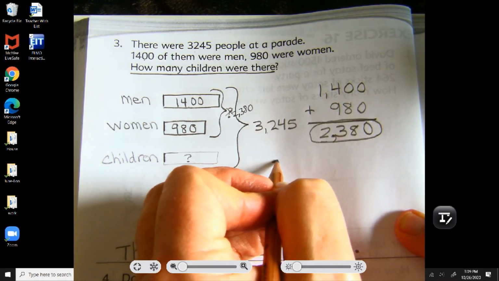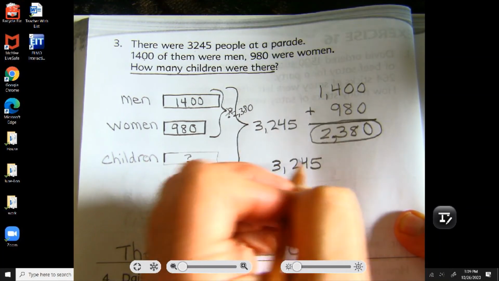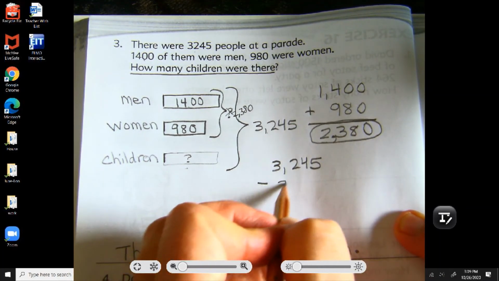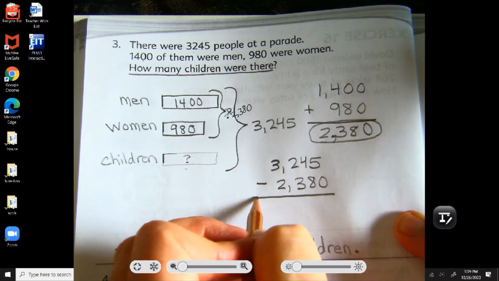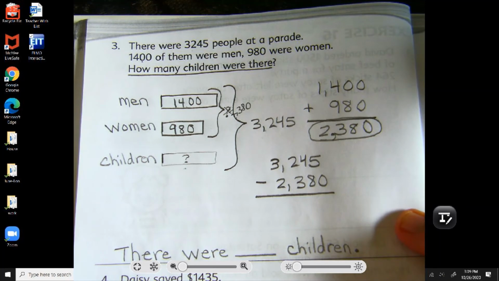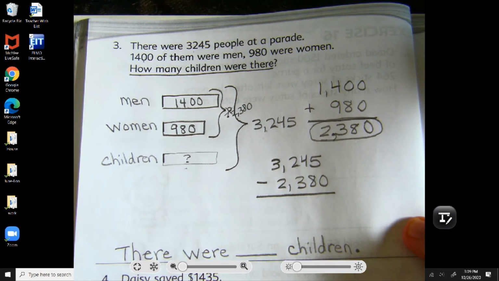So our second problem, 3,245 minus 2,380, would tell us how many children there are. Pause and find that out. Let's see how you did.